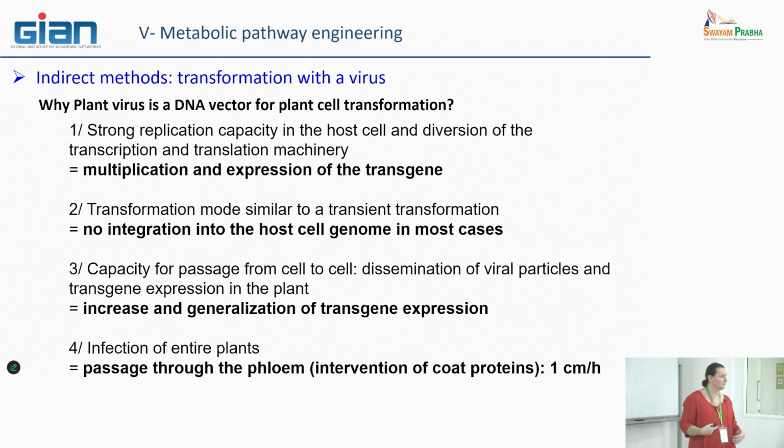By this way, you can have a very high expression of this enzyme in your plant cells. It's also a way to characterize an enzyme activity in vivo, for example, if you can produce it in high quantity this way.